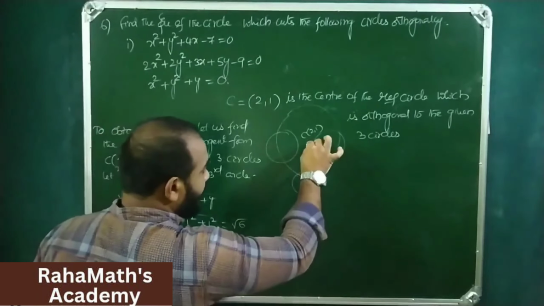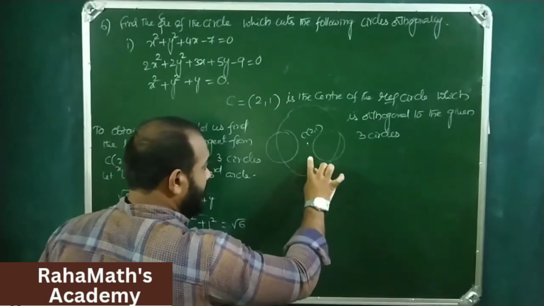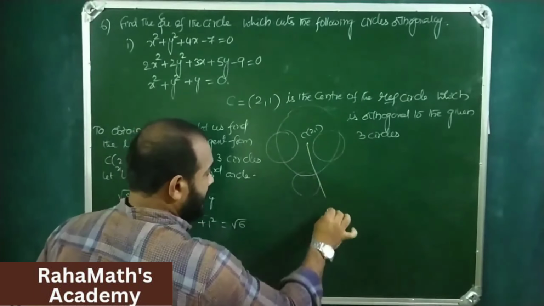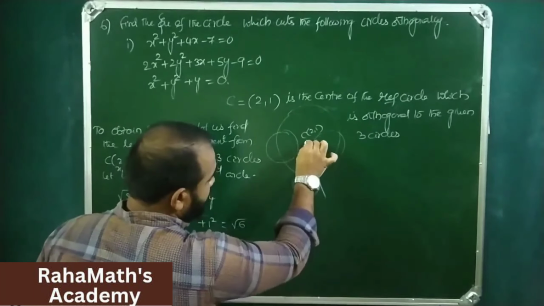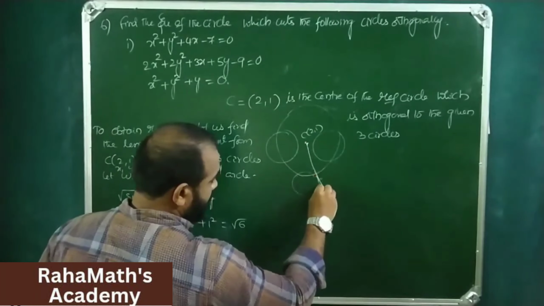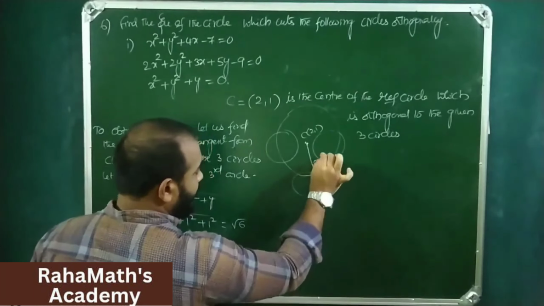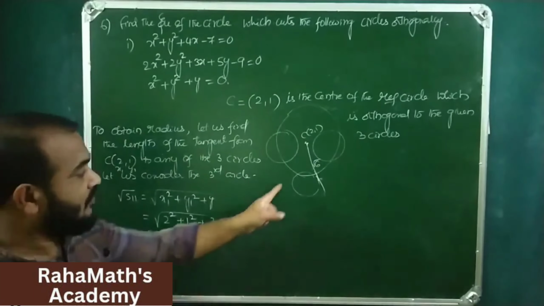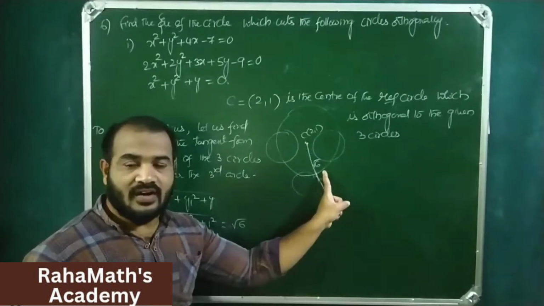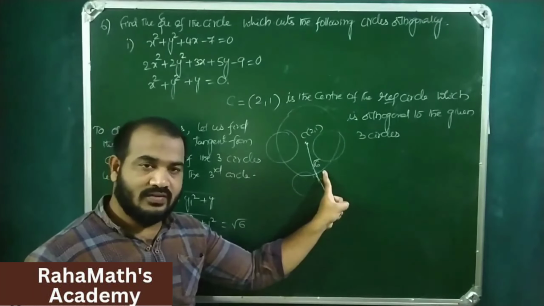That means the length of the tangent from this point to this circle is root 6. Therefore, we have the center C (h, k) and the radius r. So (x minus h) whole square plus (y minus k) whole square equals r square.